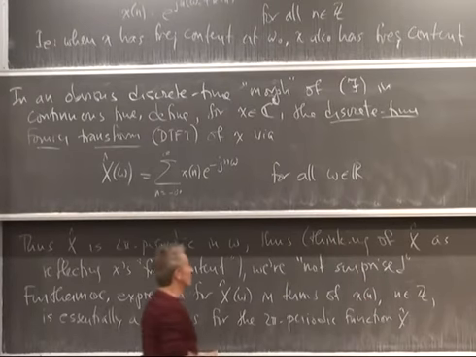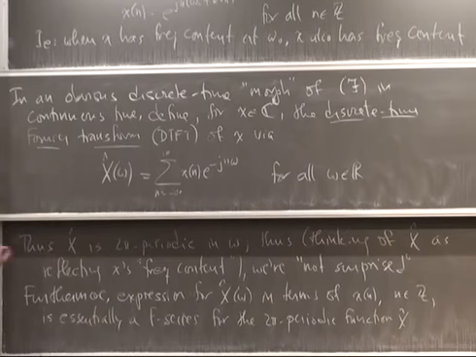And if you want to be specific about it, the nth Fourier coefficient of x hat is going to be x of minus n for all n.